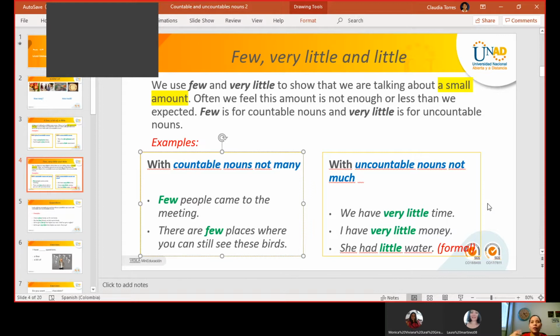So for example, let's say I want to buy a car, but the price is 20 million pesos. Okay, an example. But I only have 5 million, imagine. So it's not enough. So I have very little money to buy the car, right? Okay, so is this clear?